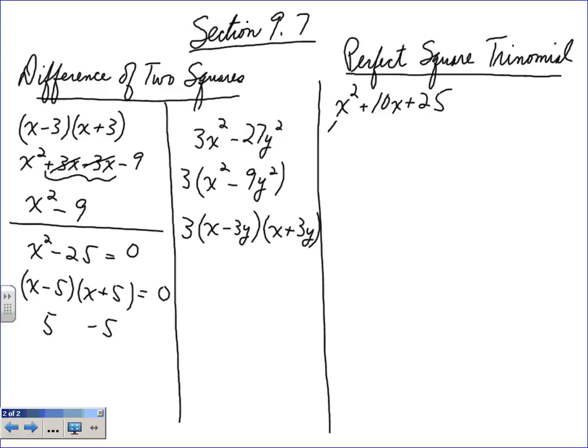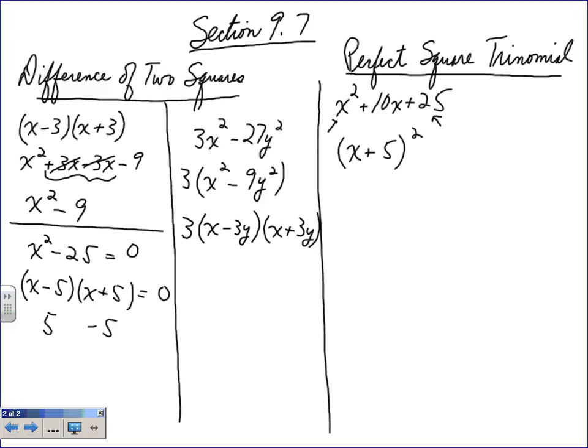Now, if you look at the first term, which is x times x, and you look at the last term, which is 5 times 5, maybe it will factor this way. Maybe. But what you have to do is you have to check to make sure I can get 10x.